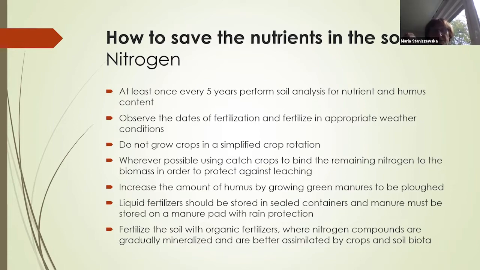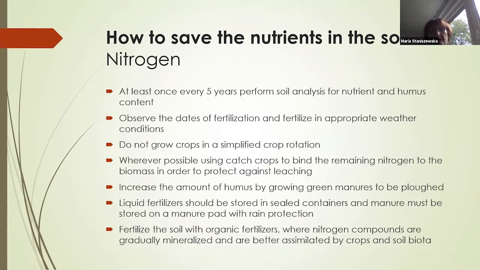And of course, as I told, do not grow crops in simplified crop rotation. For example, this 2-year crop rotation, which was recommended in the last Common Agricultural Policy, doesn't work. It should be at least 4 years.